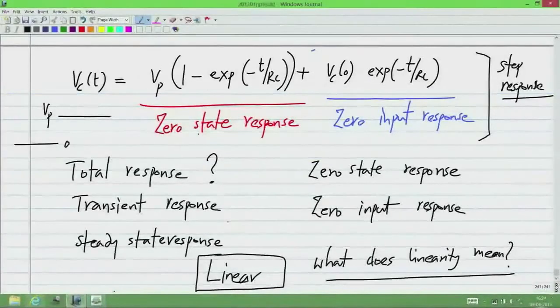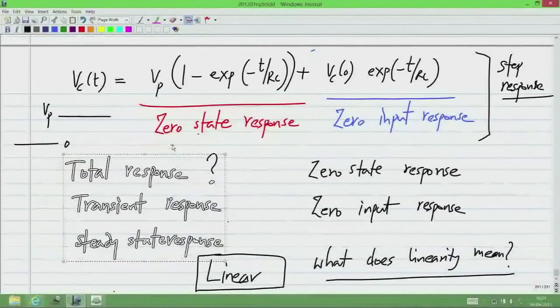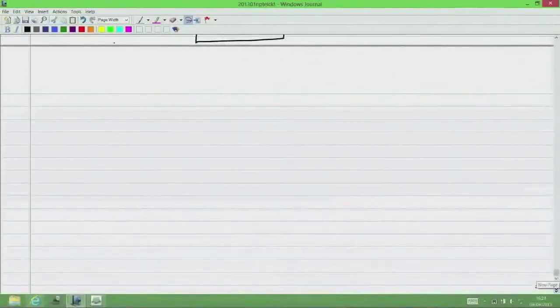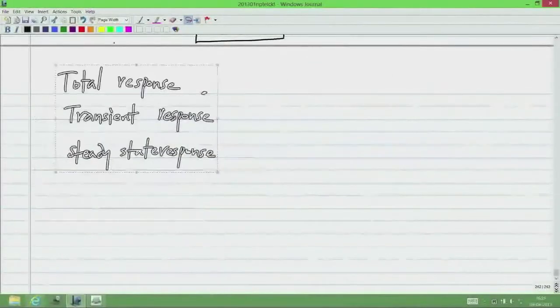Or I can pose the same question in a different way. We have all these different types of responses, or the total response was classified into these different things.